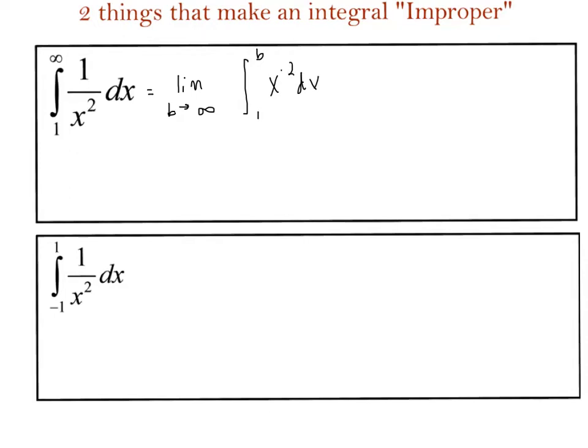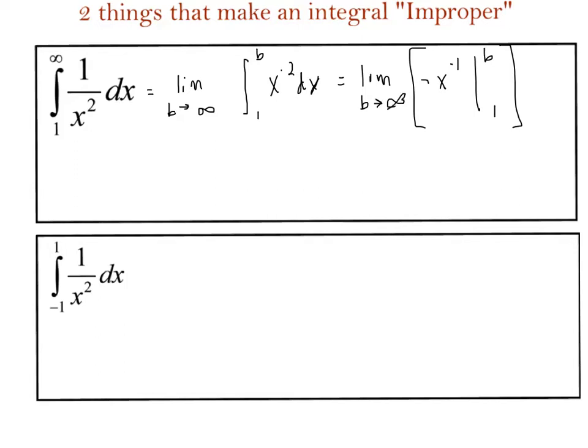Essentially we just do our integral like we normally would. What's the antiderivative of x to the negative second? Well, we raise the power and divide, so it becomes negative x to the negative first, evaluated at b and 1. I'm going to put this in brackets because at the end we're still going to do the limit as b approaches infinity.